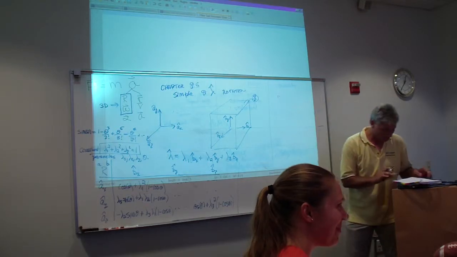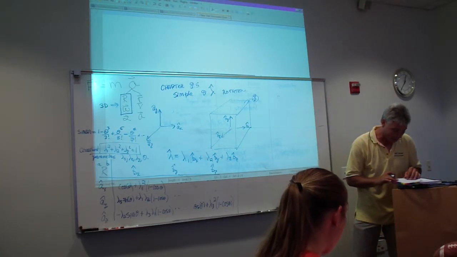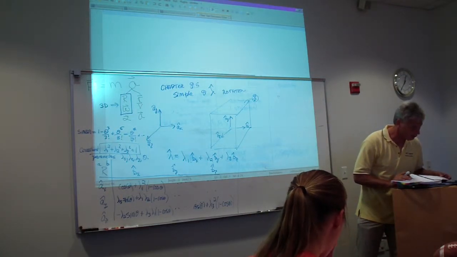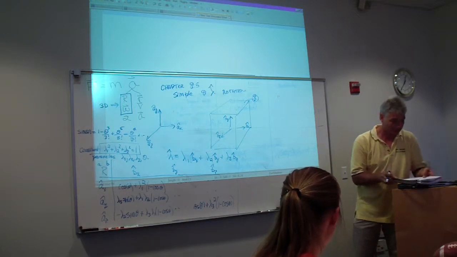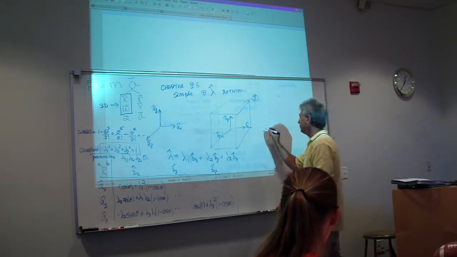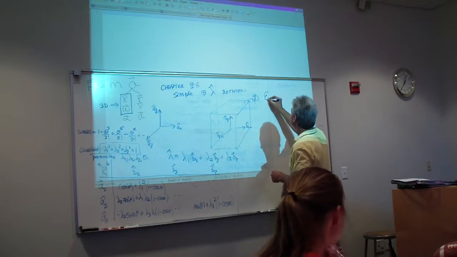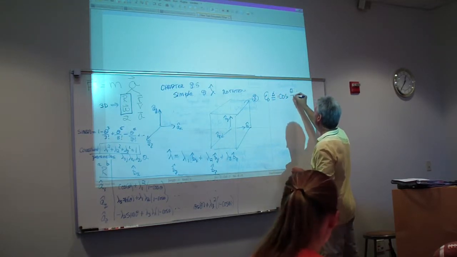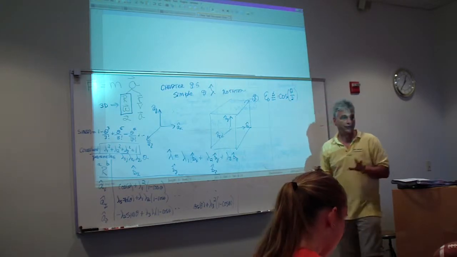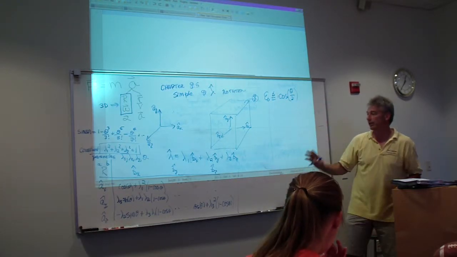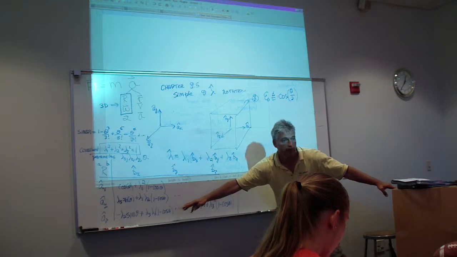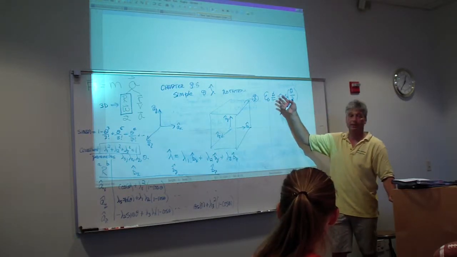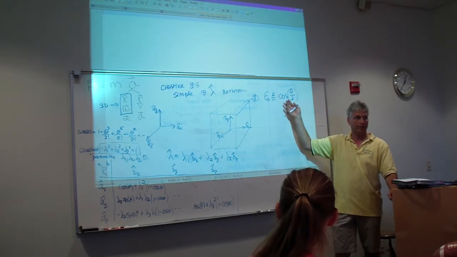The way he did it was he said, I'm going to introduce and invent this thing where I'm going to say that E0 can be defined as just cosine of theta over 2. Right? So this is the first thing. And all of this is just to take this stuff and make it into something that's actually easier to compute.